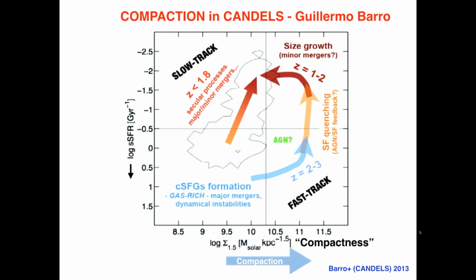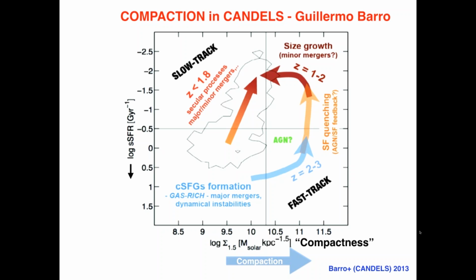Instead, there's very good evidence that galaxies often undergo a process of dramatic shrinkage in the radius that encloses half the light. So this plot that is on the screen now has a measure of how compact the galaxy is on the horizontal axis, more compact on the right, and increasing specific star formation rate divided by stellar mass, on the vertical axis, remember, increasing downward.